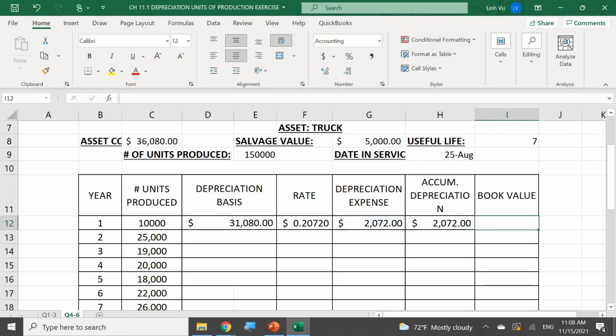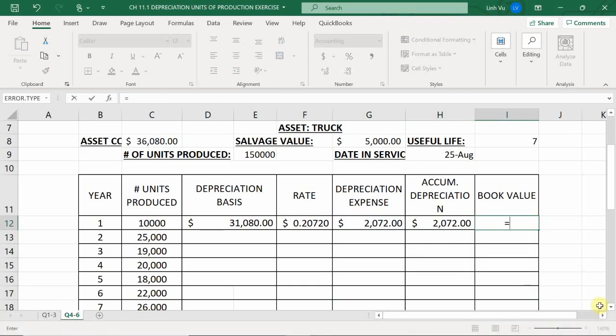Which brings my book value to be? Is it 29,008? No, you use the depreciation basis. It's the asset cost. Correct.